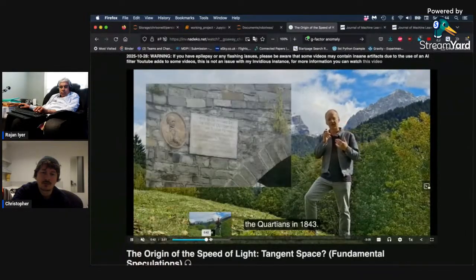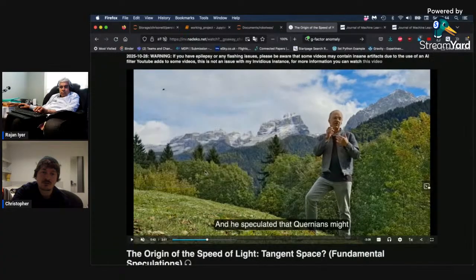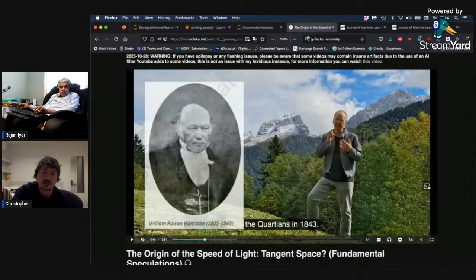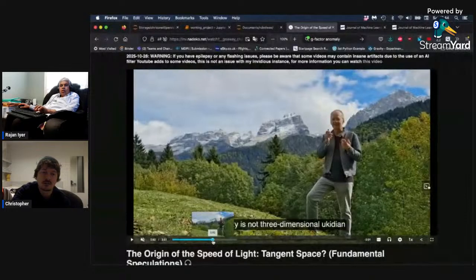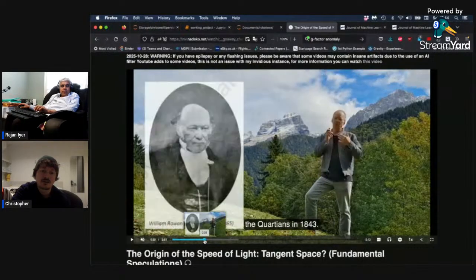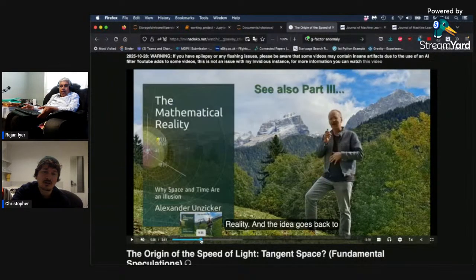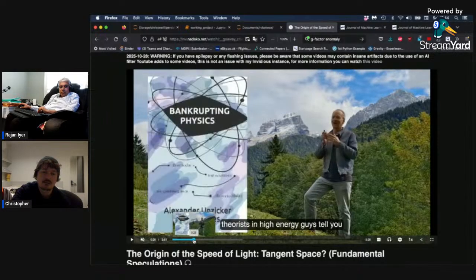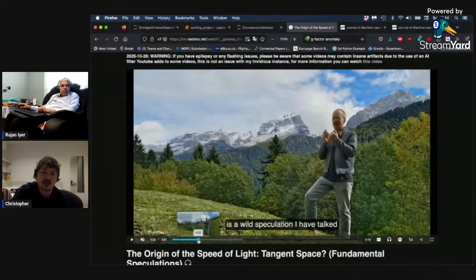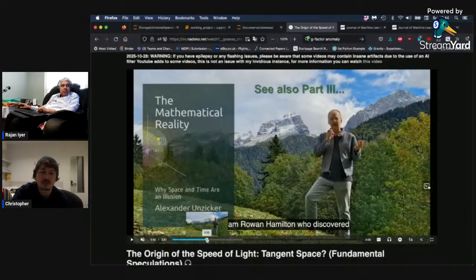He's talking about quaternions, and of course there's a bridge in Dublin where he wrote the equation down. Yeah, you can go visit that. Rowan Hamilton, yeah, he was Irish.